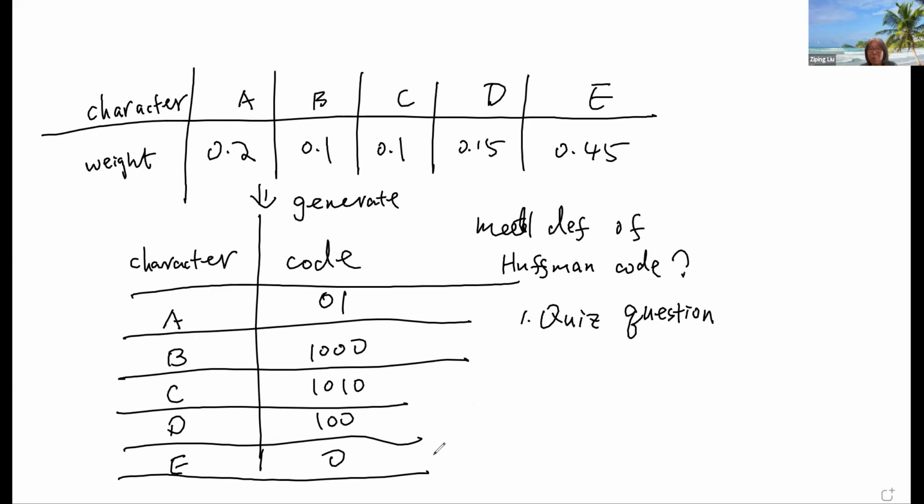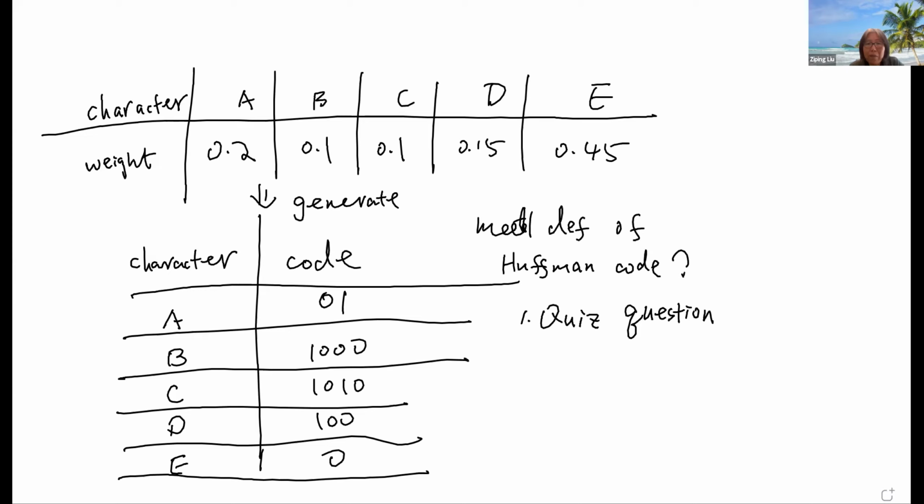Yeah, so why? Because A is 0, 1, but you mentioned A maybe is 1, and the last, E, is 0, 0, 0.